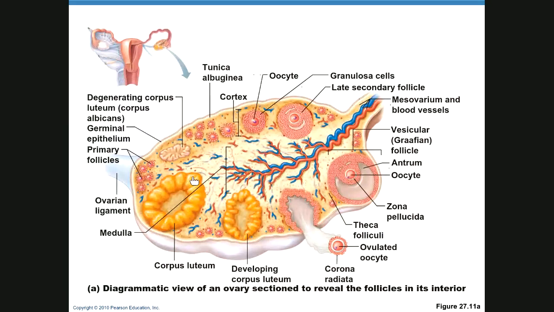Keeps them going until the placenta takes over that job of making the hormones. And if you are not pregnant, you're not producing human chorionic gonadotropin. That's the stuff that turns a little stick blue. It will degenerate, and when it degenerates, the whole cycle starts over.